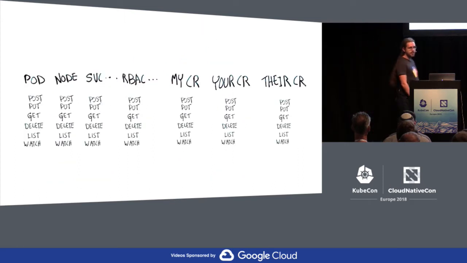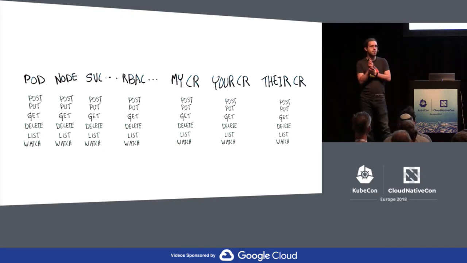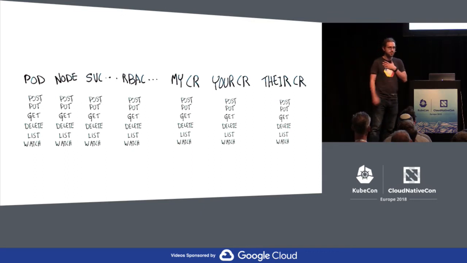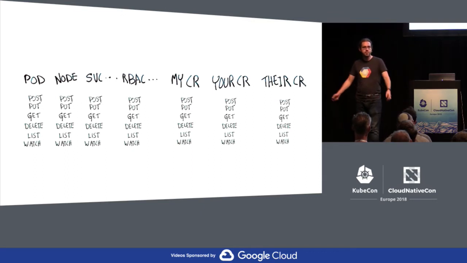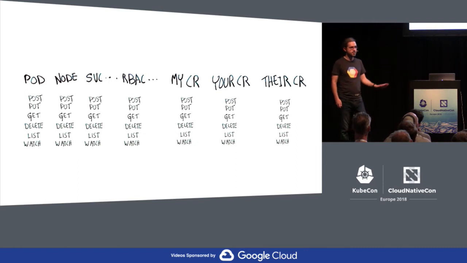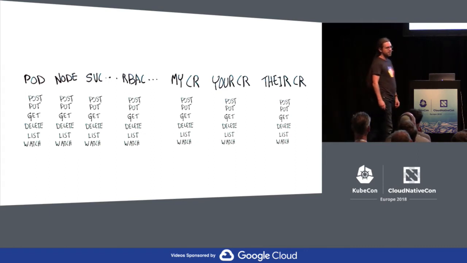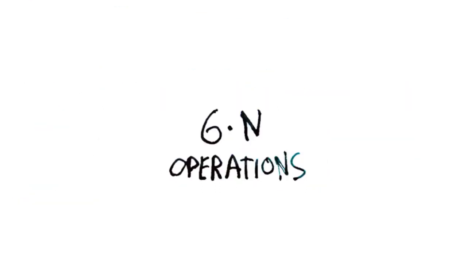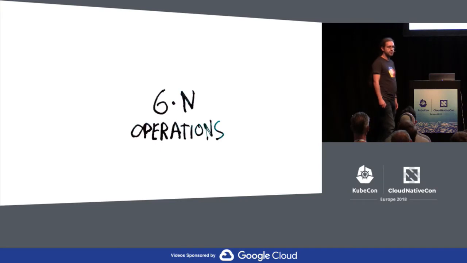I can say this another way. We've got all this stuff in our system: pods, nodes, services, RBAC rules. I've got my custom resource, which is essential to the operation of your cluster, but your custom resource, which is pretty nice to have, and their custom resource is, well, we're just running it because management wants us to. But you look at that, that's a lot of stuff you have to learn. We have 6 verbs.